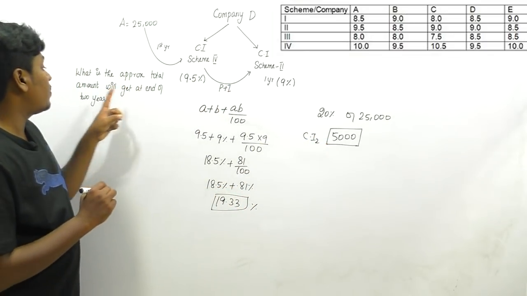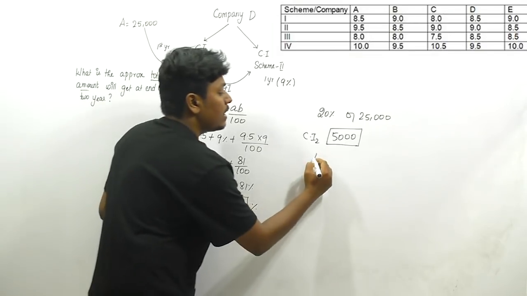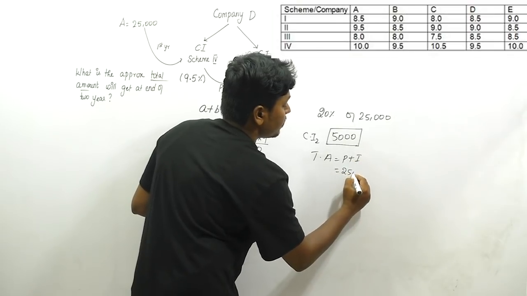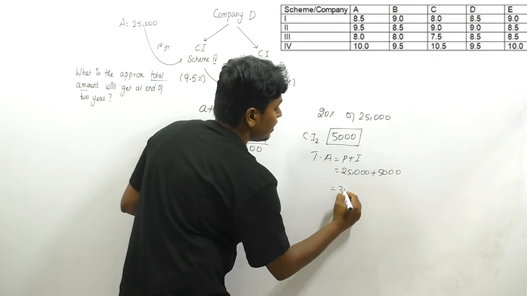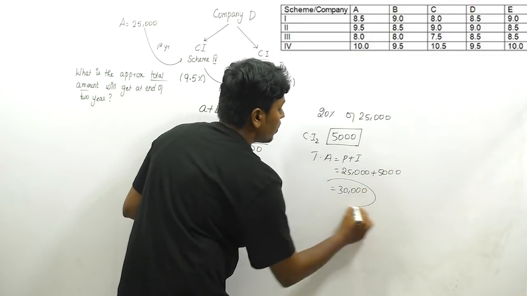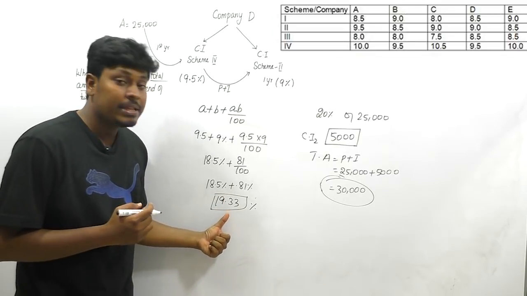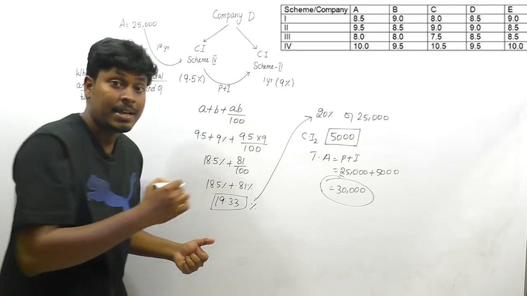They are talking about the overall amount, that is, the total amount. We know the total amount is equal to principal plus interest. Principal is 25,000, and the interest we obtained is 5,000. So finally we got 30,000 as the overall amount. So friends, remember one thing: 19.33 percent, we approximately took 20 percent. Friends, got it?